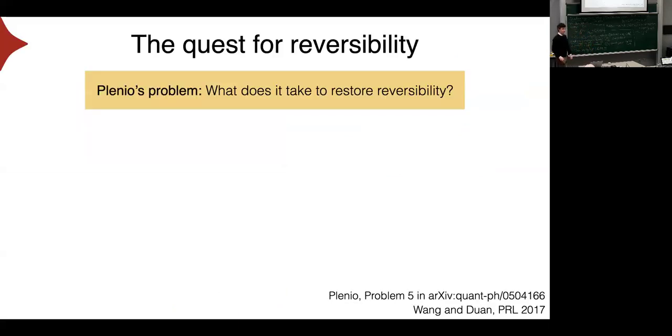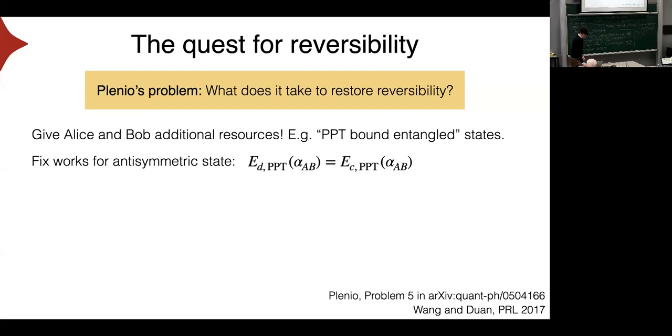Now, after all this bad news, Martin Plenio asked himself, what does it take to restore reversibility? Why does it fail exactly? He asked this as a problem in 2005. The main idea is to try and give Alice and Bob additional resources.